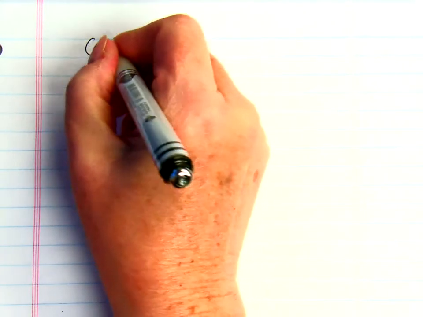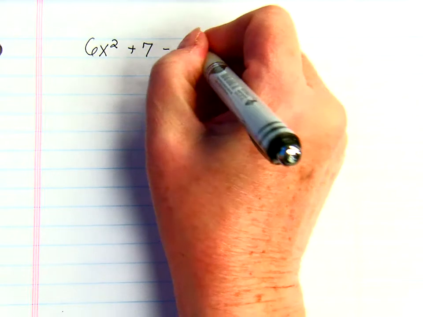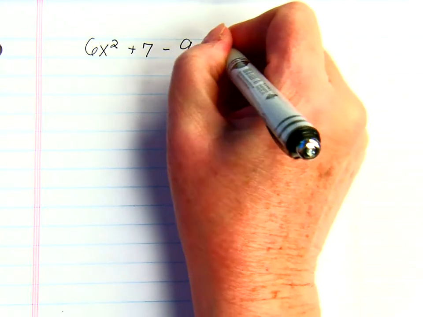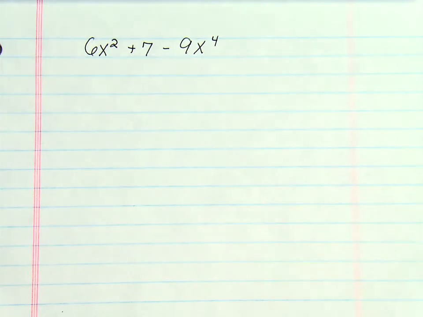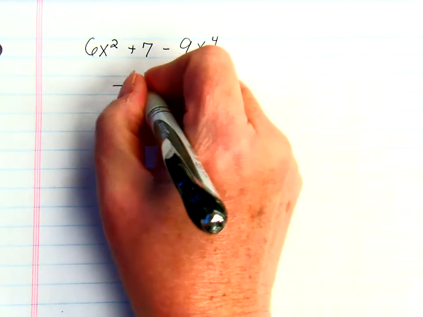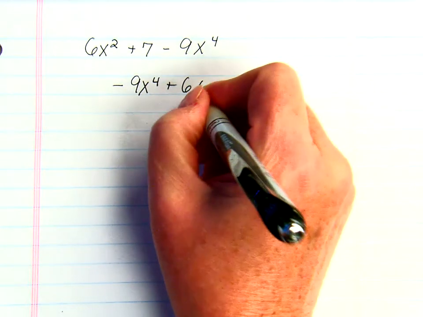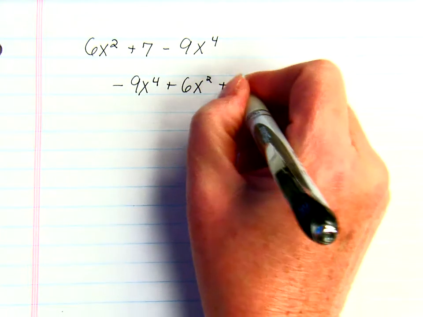So let's start with 6x squared plus 7 minus 9x to the 4th. Once again, I am going to ask you to always put these in proper order. The proper order for this is negative 9x to the fourth plus 6x squared plus 7.